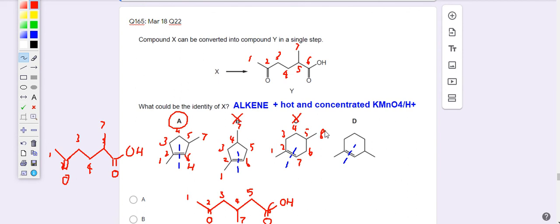We also proved B wasn't the answer. Now let's look at D: 1, 2, 3, 4, 5, 6, 7, 8. Again, 8 carbons, so D cannot be Y also. So the answer is A.